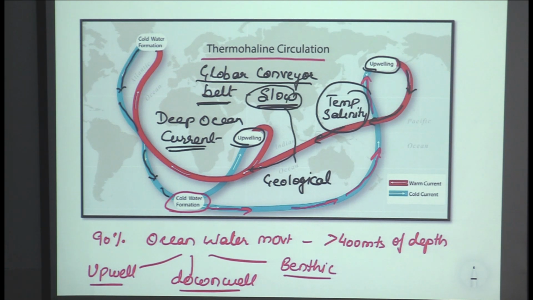How slow is it? It is taking thousands of years. The blue arrow which has been shown in this diagram is actually moving the way I have just crossed the Southern Ocean like this; it will take thousands of years for us to cover certain kilometers of distance. So it actually is too slow.